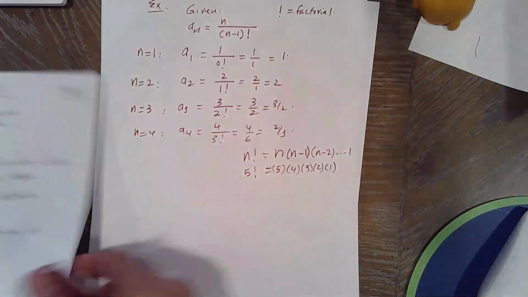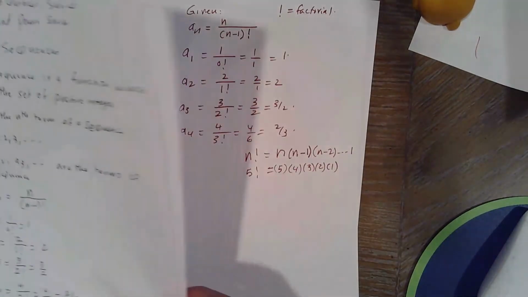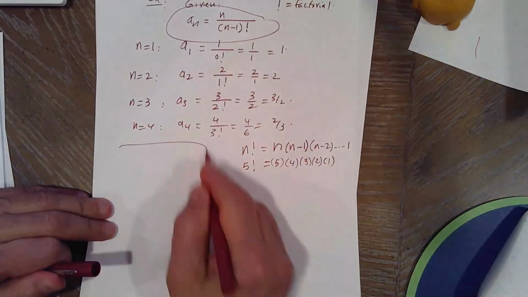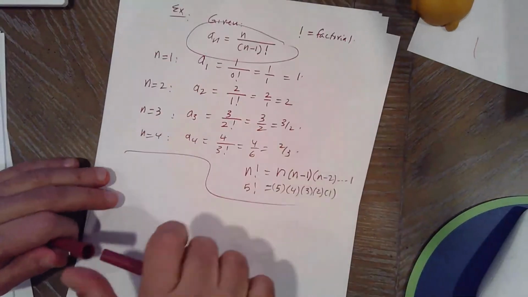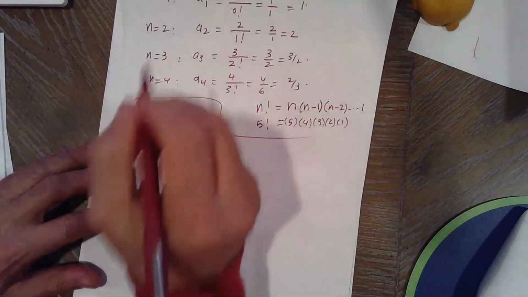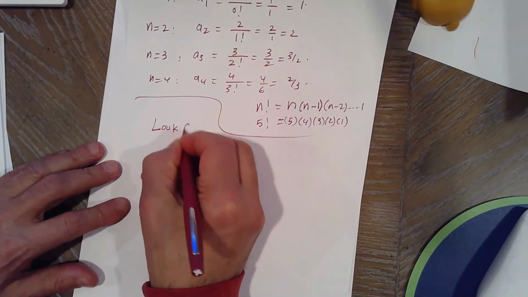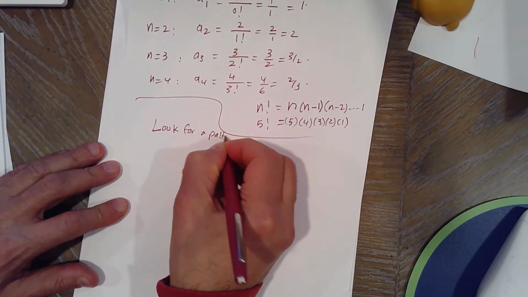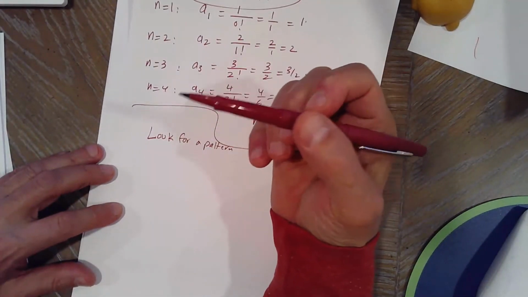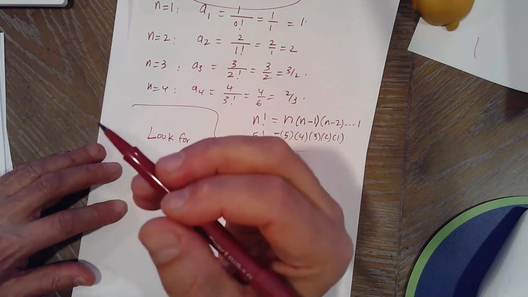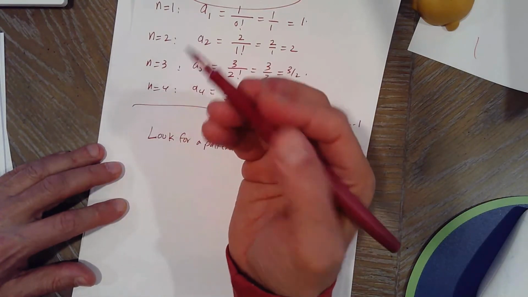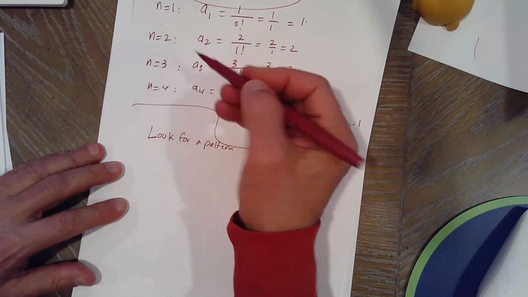So you can find all the terms of the sequence given its general or nth term. Now the question is, how do we come up with this general term? Sometimes it's easy, other times it's kind of tricky. To find the general term, you always want to look for a pattern, and usually you want to try to find a correlation between the terms and their indices, like a1 with 1, a2 with 2, and so on.